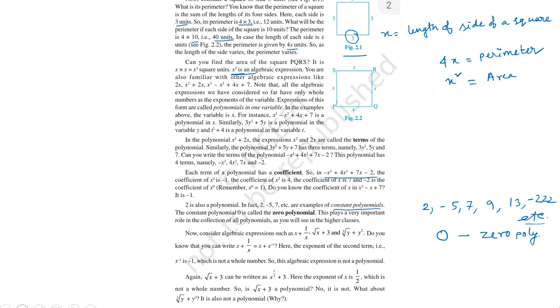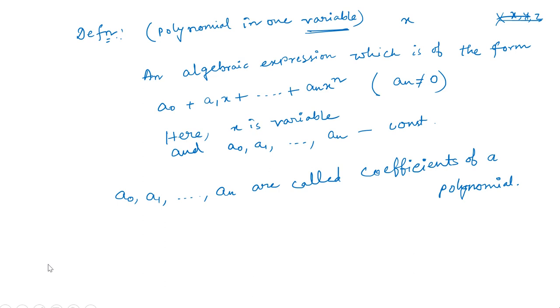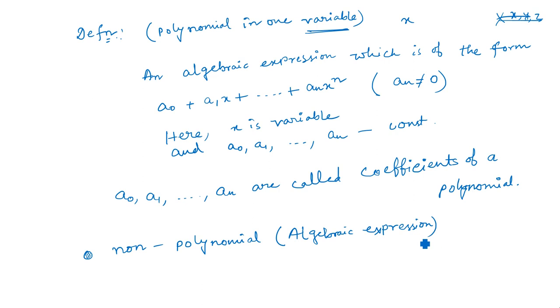But there are also non-polynomials, which are algebraic expressions. How can we understand which algebraic expression is a polynomial and which is not?